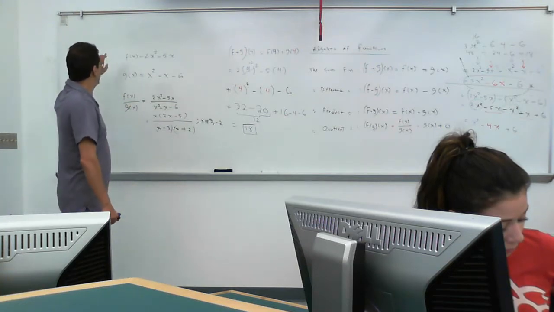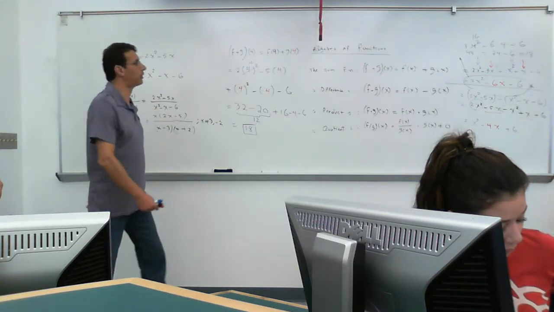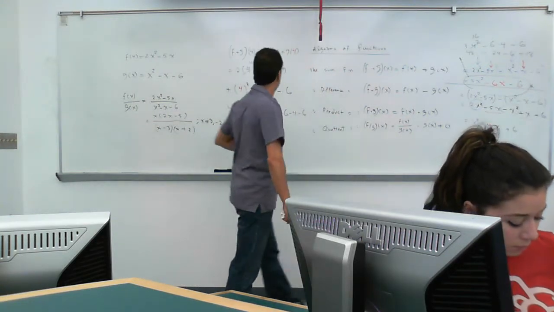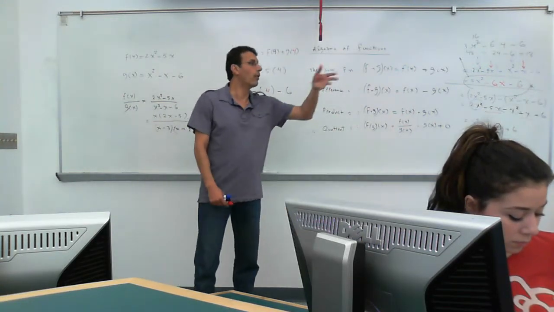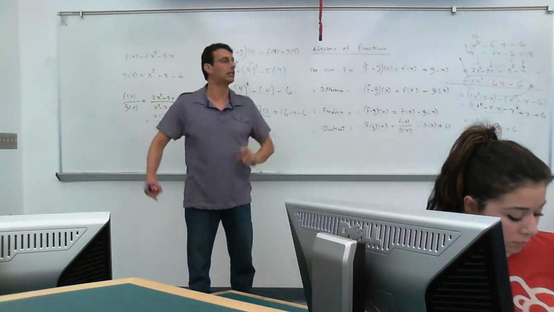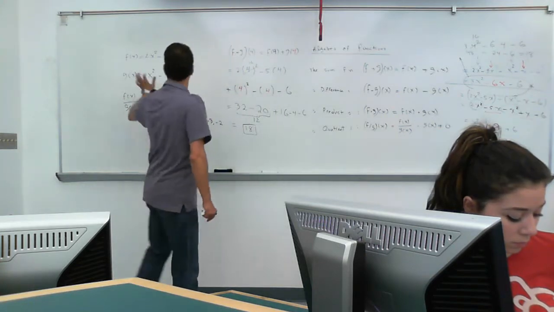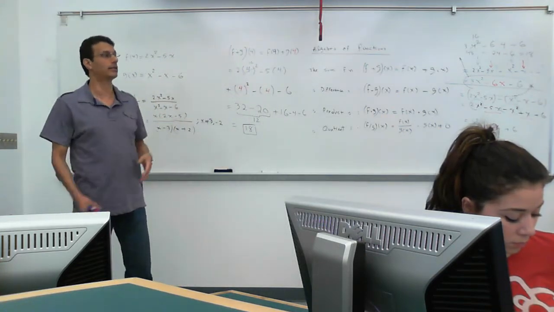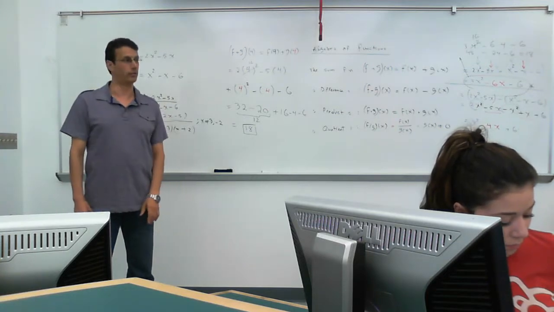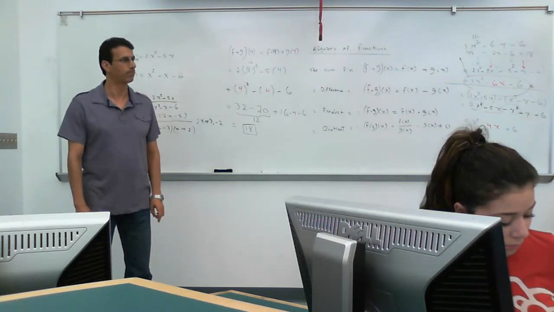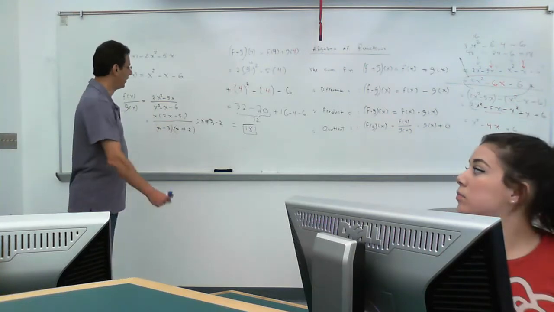They give you f of x and g of x, they might say, okay, find f plus g of x. They might say find f plus g of 4. They might say find f times g of negative 8. They give you f, they give you g, and then they say what it is that they are interested in. Sound good? All right.